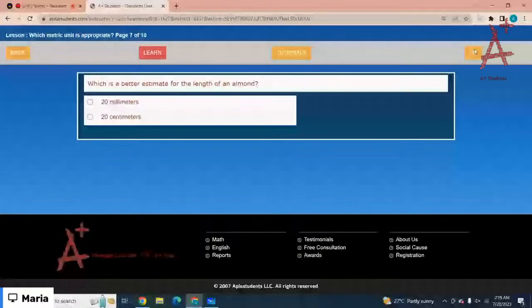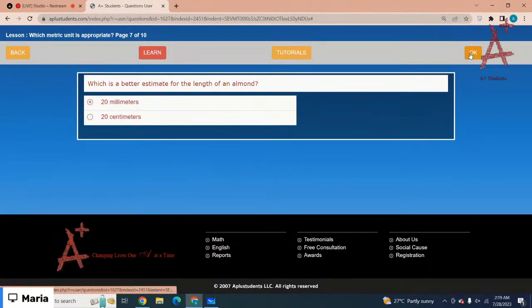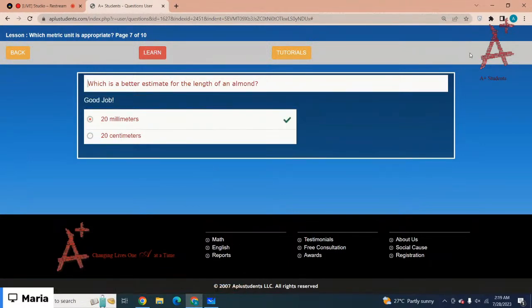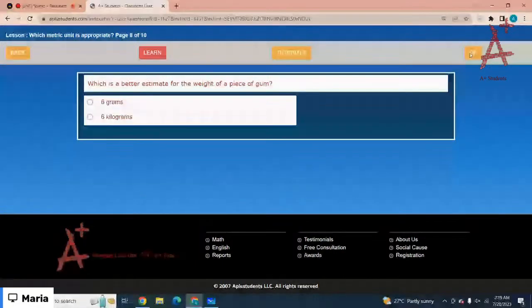The correct option is 20 centimeters, because for an almond 20 millimeters is too small. Yes, I think it is 20 millimeters, not 20 centimeters. Yes, it is 20 millimeters, because 20 centimeters is too much for an almond.